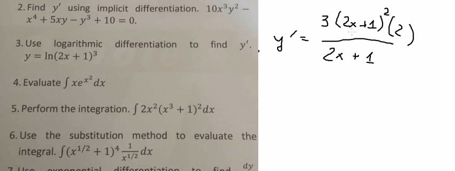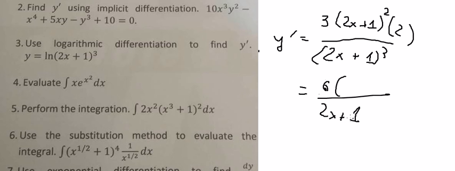We simplify with 2x plus 1 in here, and we get 3 multiplied with number 2, we get 6. This one is power 3, sorry. So you get 2x plus 1. And this is the final answer.